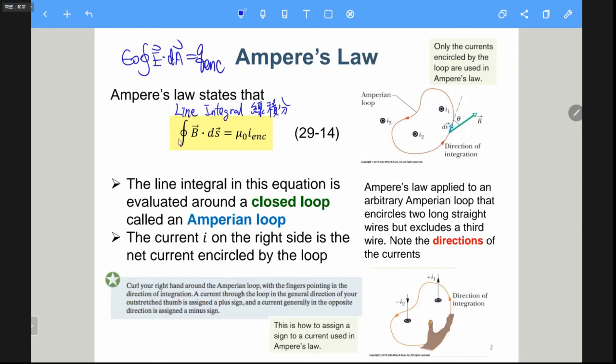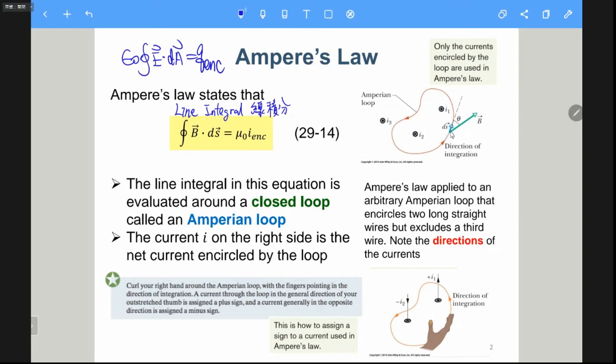Here we also have this circle for the integration, which means this is a closed line integral. Rather than defining the Gaussian surface, we will define an Amperian loop here. An Amperian loop simply means a closed loop, which means it is a path that begins and ends at the same point.